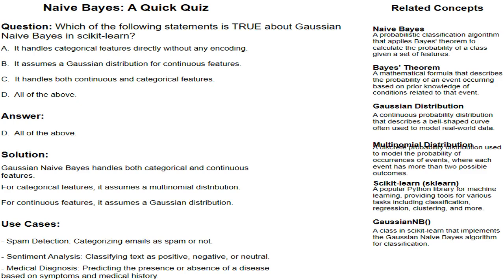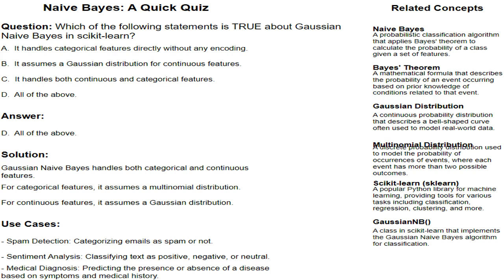Question, which of the following statements is true about Gaussian naive Bayes in scikit-learn? A. It handles categorical features directly without any encoding.